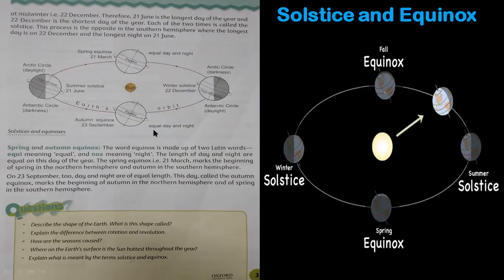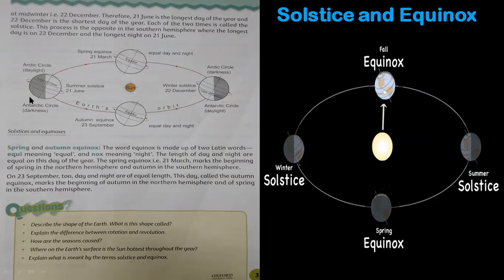In these two, equinox, we have the same day and night, and that day and night we have the same hours, 12 hours each, equal day and night.